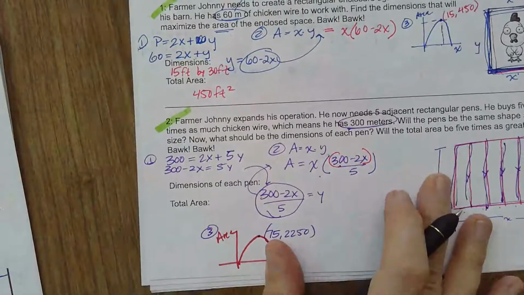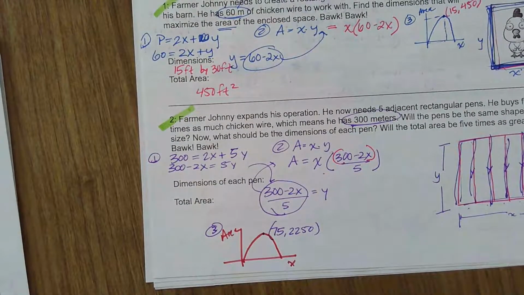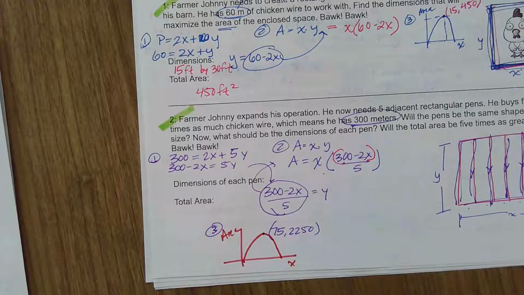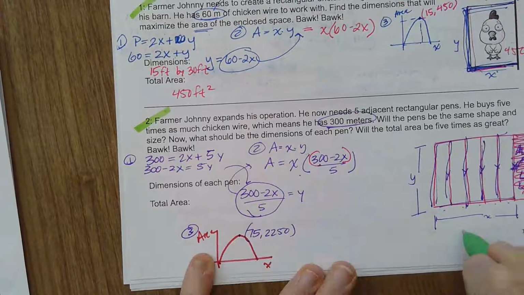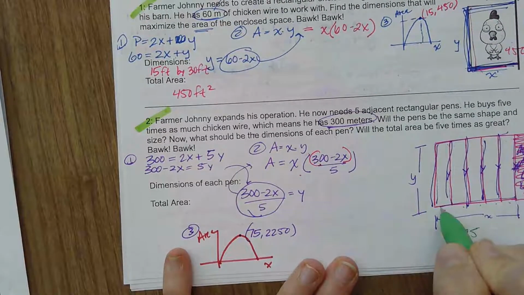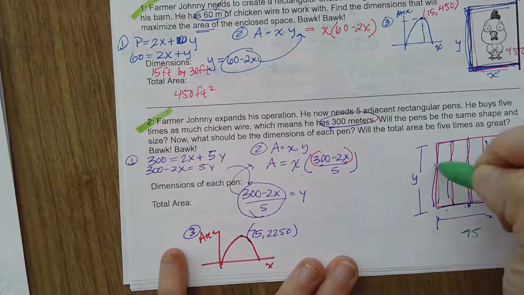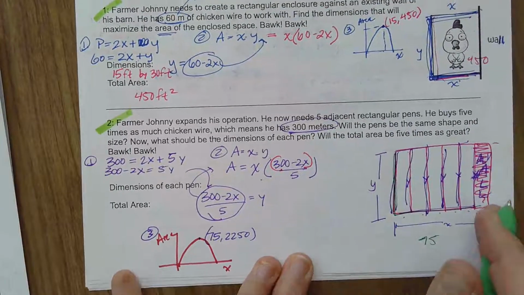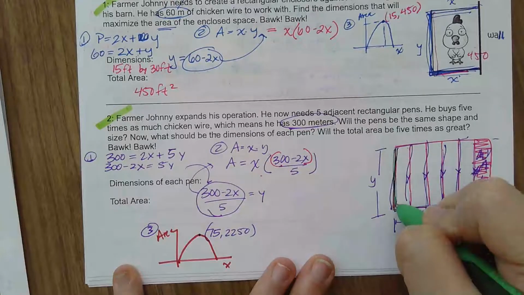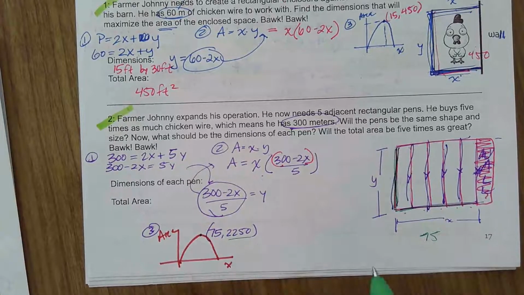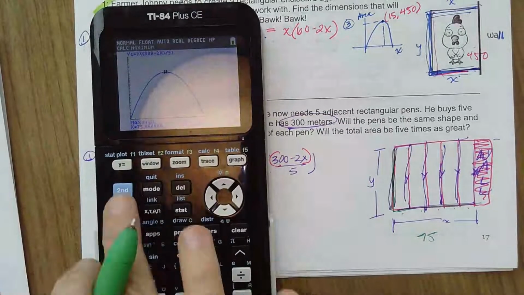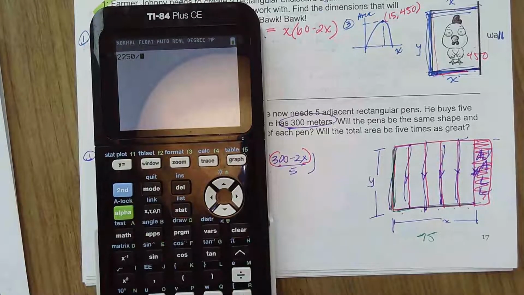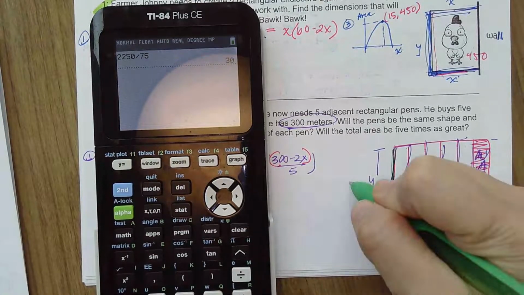Now we have all the information we need, so let's answer our question. We found that x is 75, so this whole length is 75, and now we need to figure out y. So x times y has to equal an area of 2250. I'm going to take 2250 and divide it by 75 and get 30.